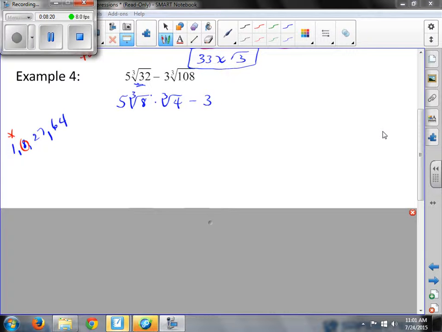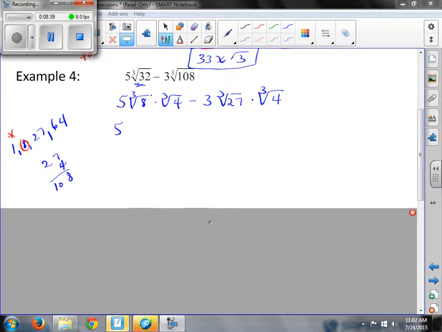Now let's see, what perfect cube goes into 108? Couldn't be 64, must be 27. Let's see, 27 times 4 is 108. So we'll have the cube root of 27 times the cube root of 4.